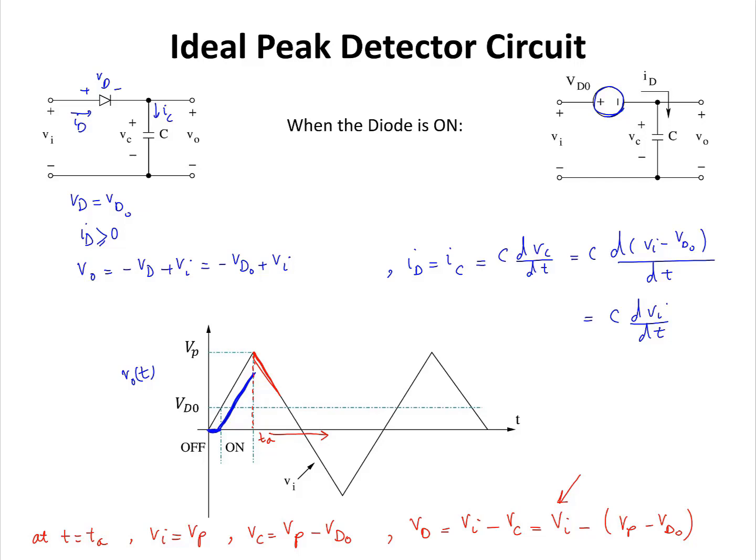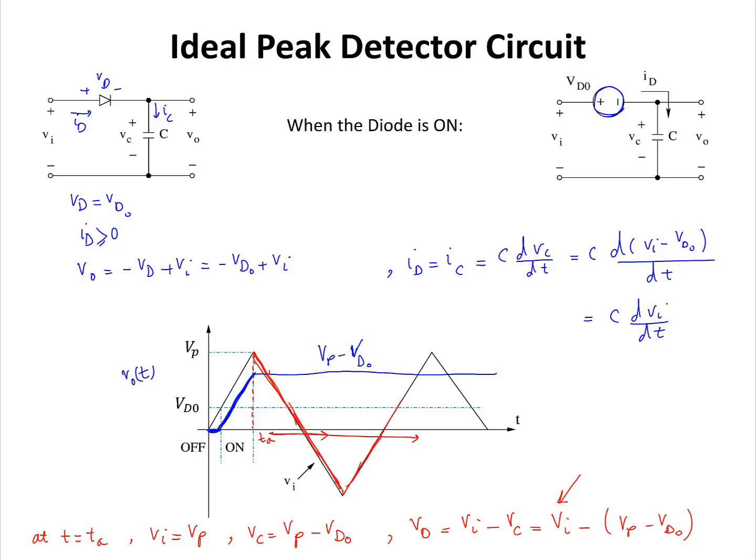From there, I know that for all of these time points, V out or Vc is going to stay at a constant value equal to V peak minus Vd sub 0. So for all of these time points, the amplitude of Vi is less than its peak value.